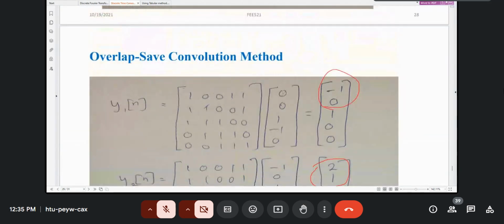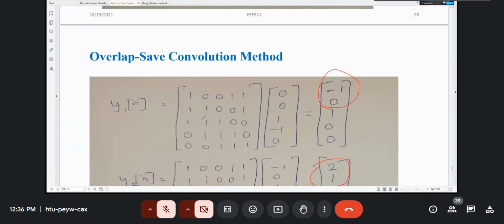So it is easier to make the matrix out of the impulse response. But even if you made the matrix from this and multiplied with the impulse response, you still get the same answer.